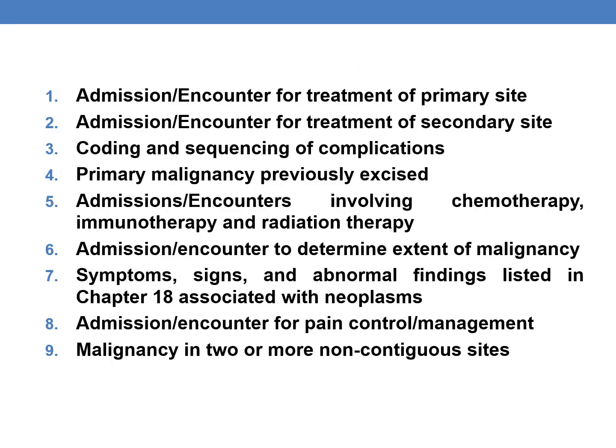Here is the list of the entire topics that we are going to discuss in the neoplasm chapter. There are around 20 odd topics. The first one is admission or encounter for the treatment of primary site.